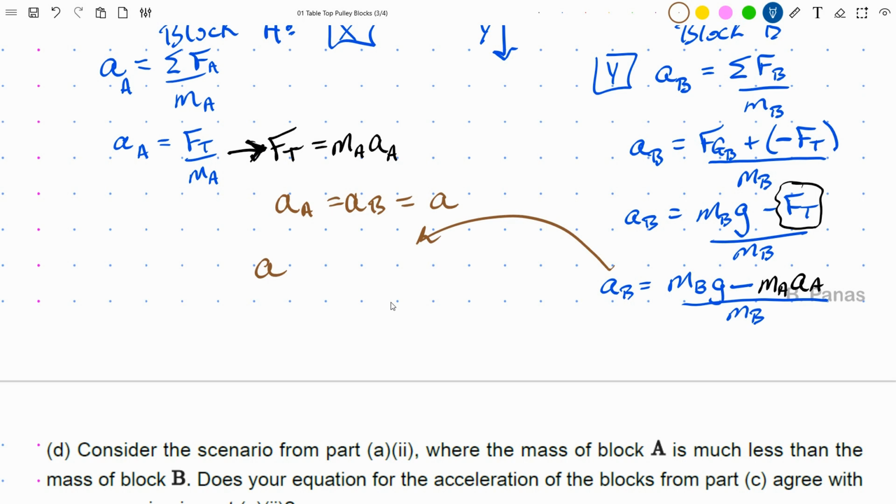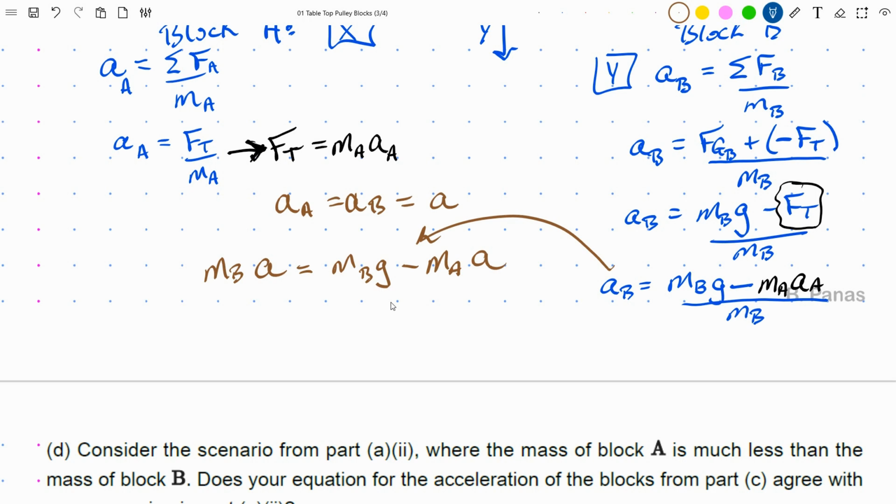So the acceleration of the blocks is equal to m of B g minus mass of A times the acceleration of the blocks. And to save myself a step, rather than show the division by mass of B, I'll just multiply the mass of B over for a moment.